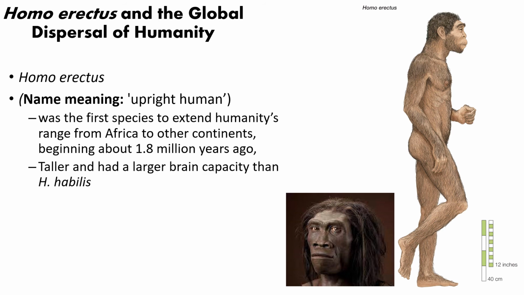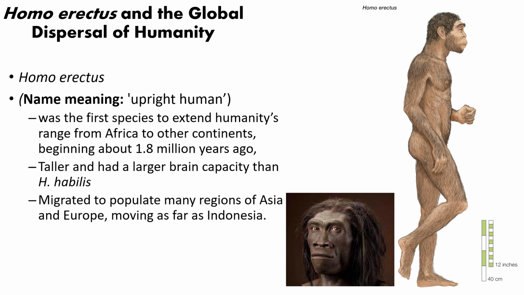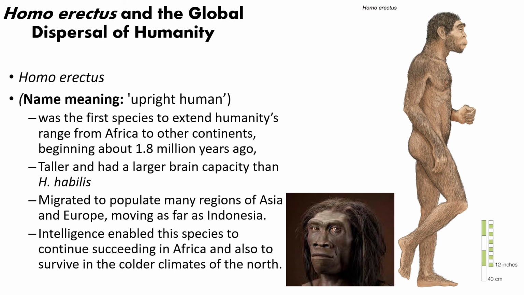They were taller and had an even larger brain capacity than Homo habilis. And they migrated to different areas, including Asia and parts of Europe. And they moved as far as Indonesia. It's thought that with this increased brain size, their intelligence would have increased as well.